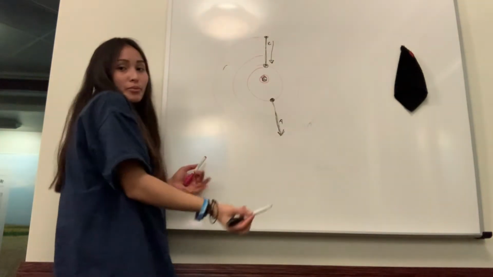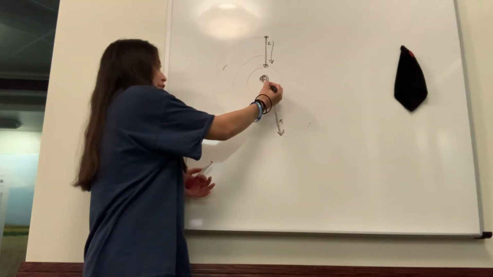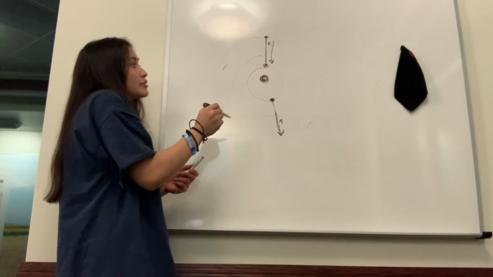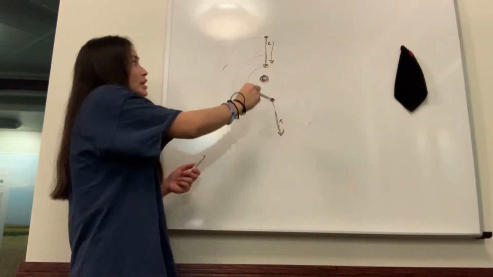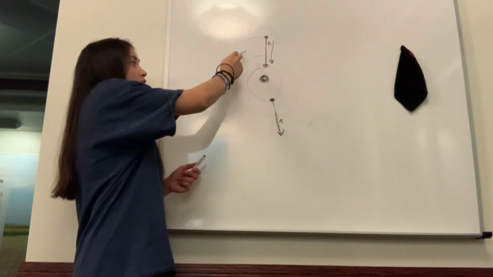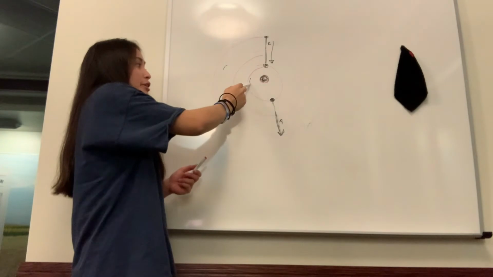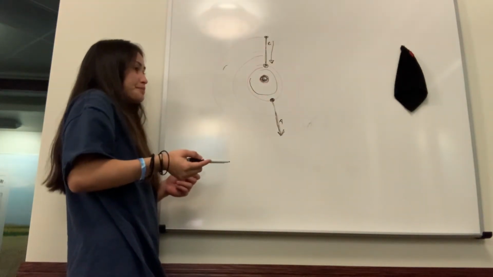So according to the Bohr model, we have here a nucleus, and around the nucleus there are electrons going around in rings. The higher rings are more excited states, and the ring closest to the nucleus is the ground state.